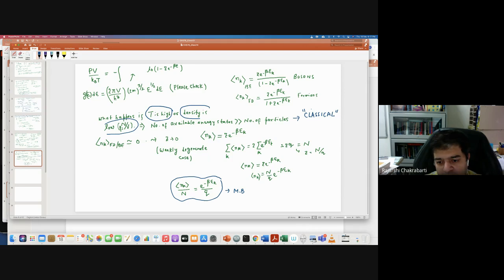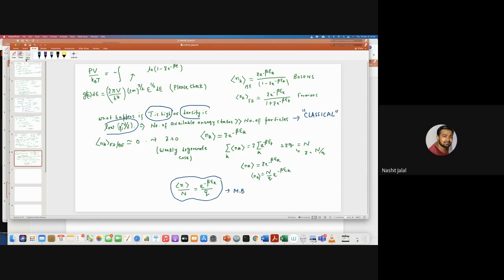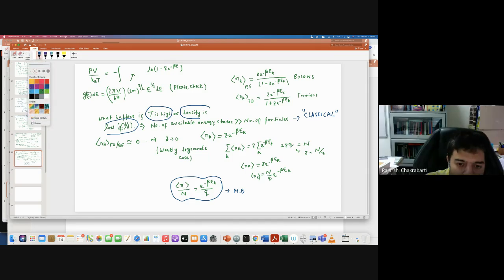It does not matter whether you start with a Fermi gas or a bosonic gas. When the temperature is high, both of them will behave like a classical gas, which follows the Maxwell-Boltzmann distribution. Very important. This is very important.